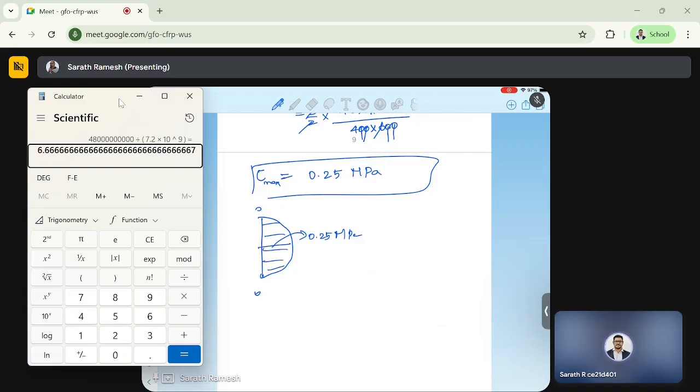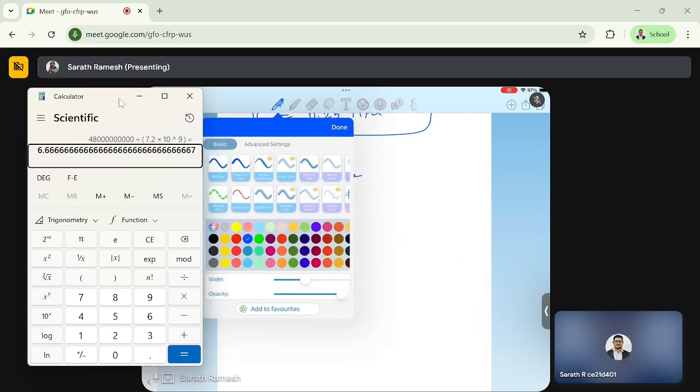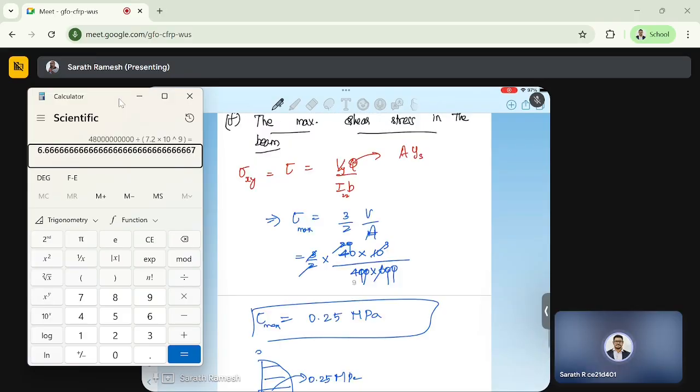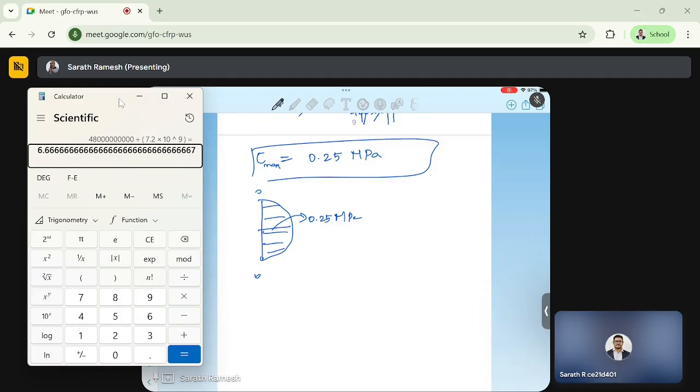Moving on, this finishes the stresses. Then is the deflection, subdivision number G, deflection in the beam.